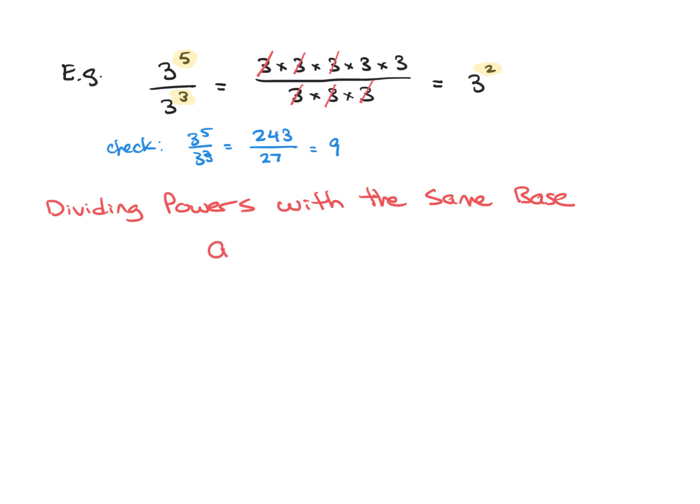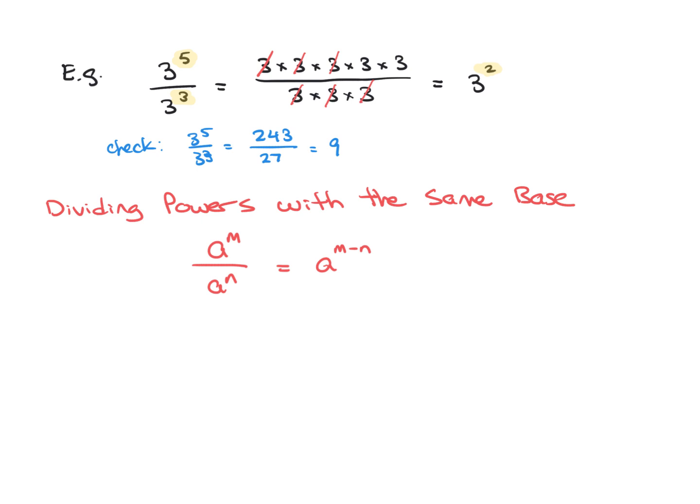If you have a power of a divided by another power of a, so they have the same base of a, the shortcut to getting the answer, or writing this as a single power, is to write the base of a, and then the new exponent is simply going to be the exponent of the numerator subtract the exponent of the denominator. So we're just subtracting the exponents for this exponent law.